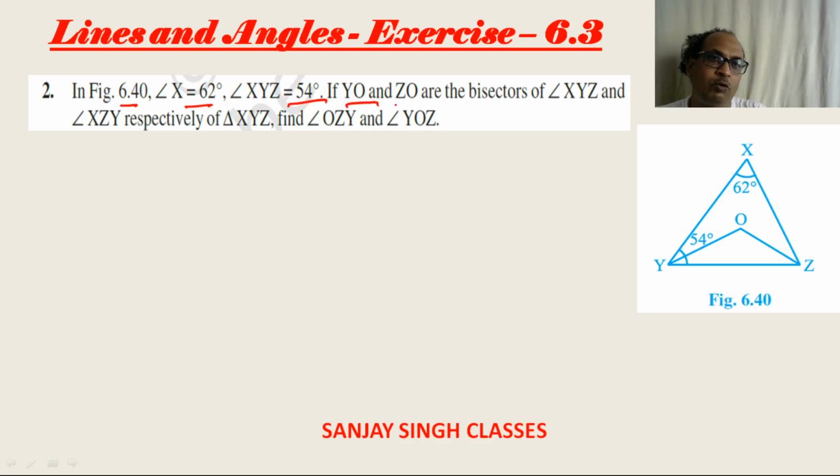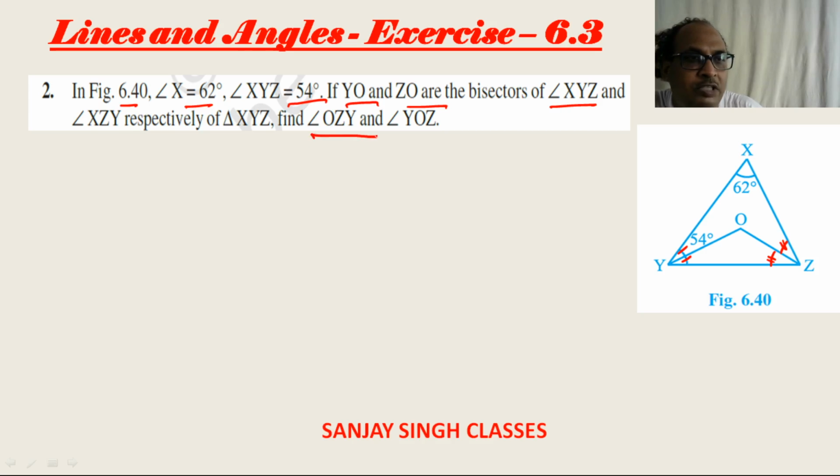And YO and ZO are the bisectors of angle XYZ and angle XZY respectively of triangle XYZ.